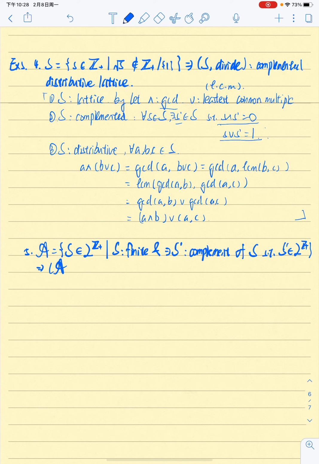Then the collection under inclusion is a complemented distributive lattice.